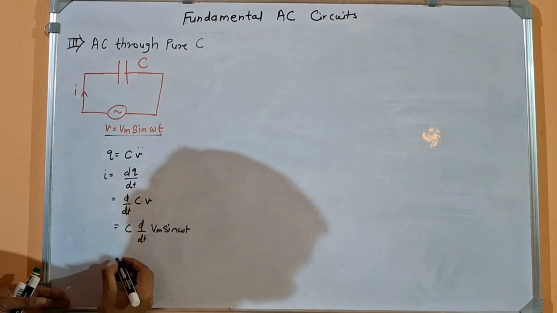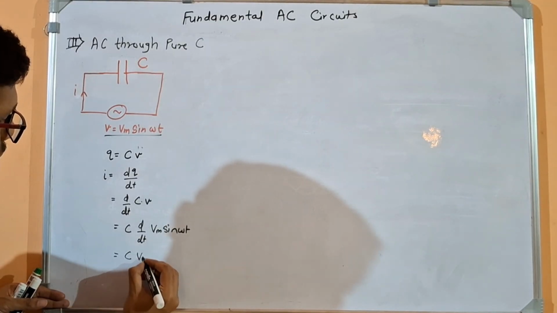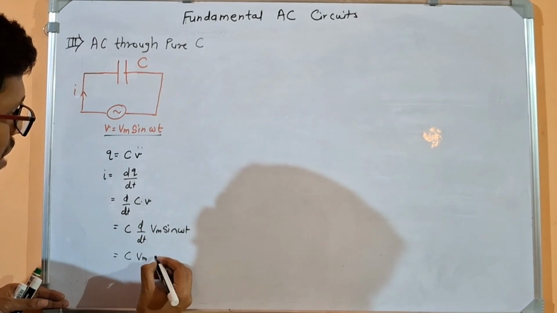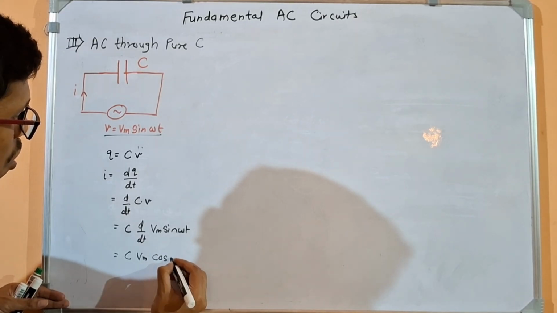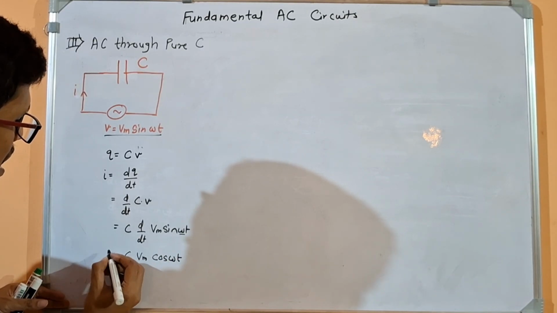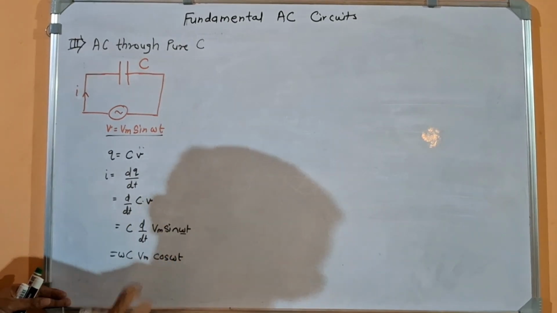Again C into Vm is constant, and the derivative of sin omega t will be cos omega t, and this omega will come out, so this will become omega C Vm cos omega t.